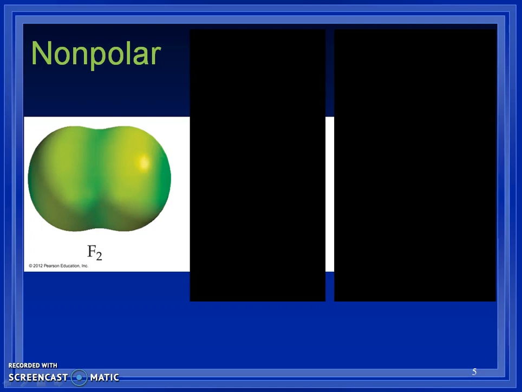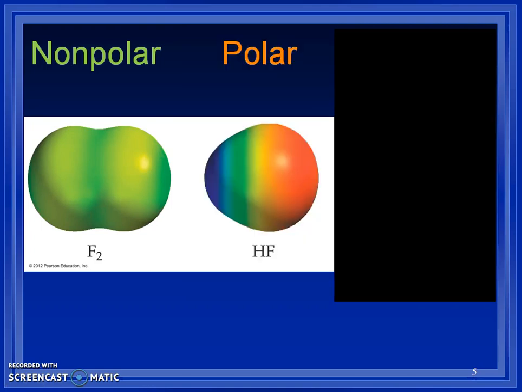So nonpolar would be something like fluorine gas. Very nonpolar, you have two atoms of fluorine, and because they're both the same element, they have the same exact electronegativity, so neither one is going to be able to pull on that electron that they're sharing between them more than the other, so it's nonpolar. Then you have something like hydrofluoric acid that's polar because now you have a positive end and a negative end.